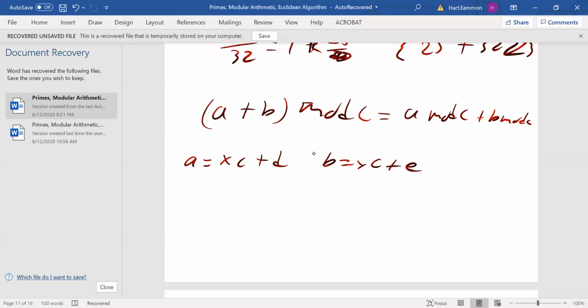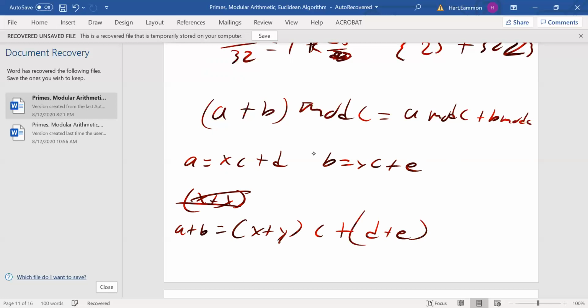Therefore, when I look at this, a plus b is equal to x plus y times c, plus d plus e. So this is a multiple of c. So that tells me that it's congruent to d plus e mod c.